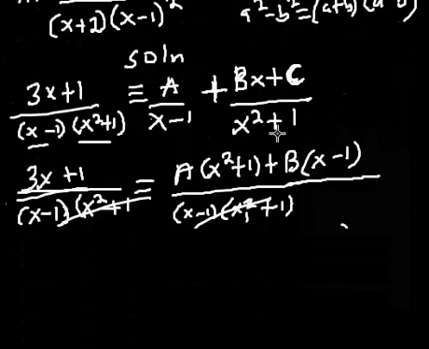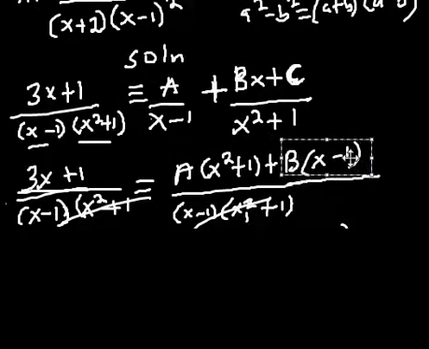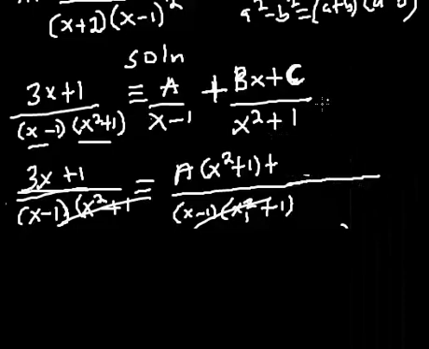This was supposed to be bracket Bx plus C, then before I now multiply it by x minus 1.